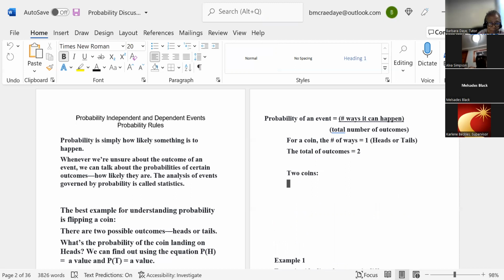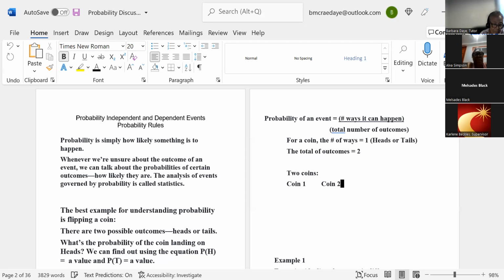You flip 1 coin, then you flip another coin. What are the possibilities of those 2 coins? The possibility would be 4. No, I want to write the combinations. So let's say coin 1 and coin 2.